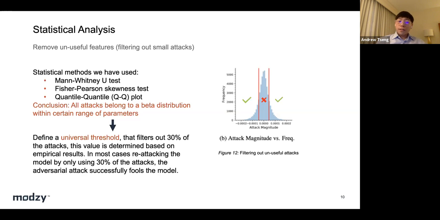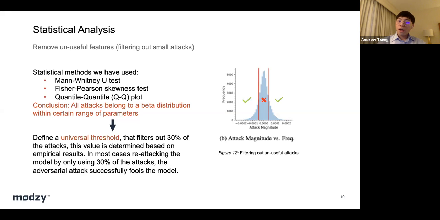So what we did is we ran several hypothesis tests on those distributions, including a Mann-Whitney U test and a Fisher-Pearson skewness test. We also compared the quantiles using quantile plots. And it turns out that we have an interesting conclusion.